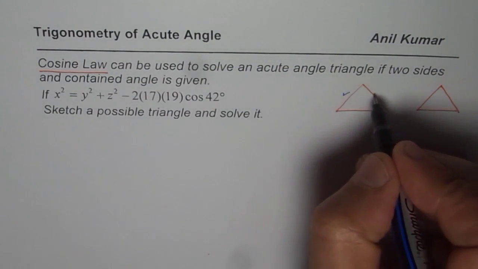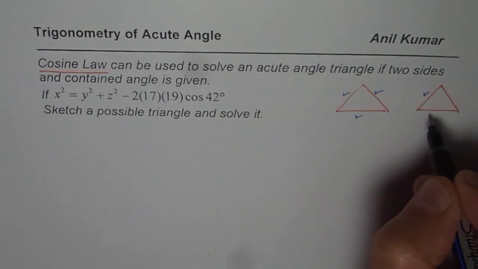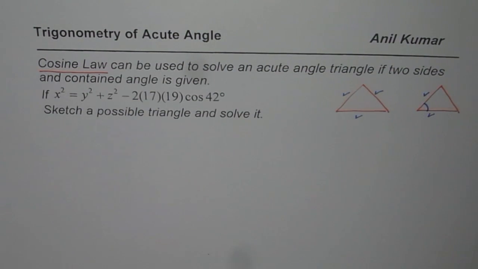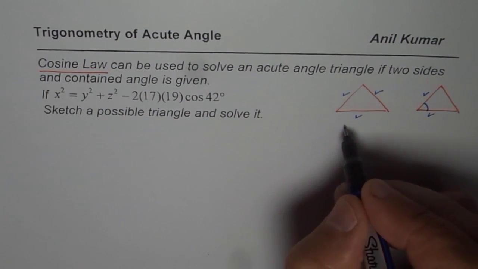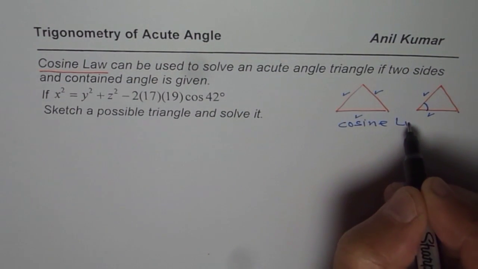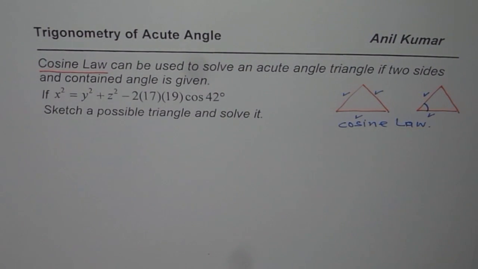When you are given three sides, then you can use cosine law, or you are given two sides and included angle, right? Or angle contained between these two sides. So these are the two situations where you should apply cosine law. So that is first thing to understand.